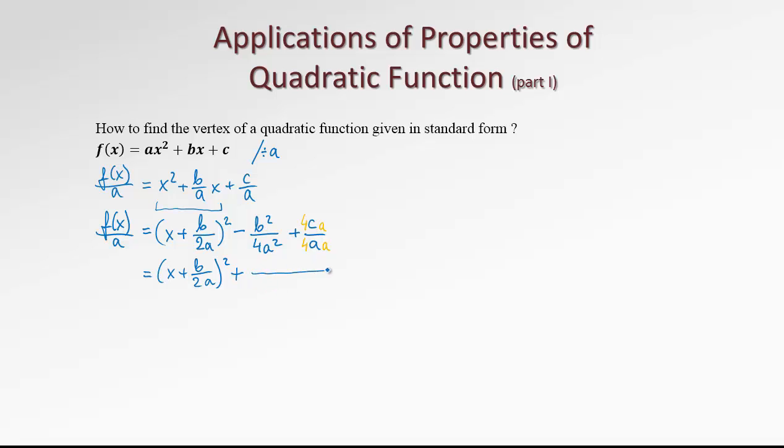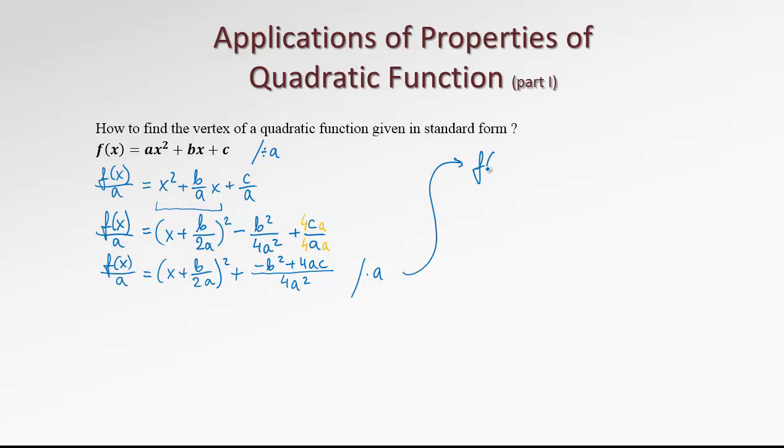So our common denominator is 4a squared, and in the numerator we have negative b squared plus 4ac. Let's finish the left-hand side. It's f of x over a again. So we're nearly done. What's left to do is to leave the f of x by itself, therefore multiply the whole equation by a. Okay, let's write it over here.